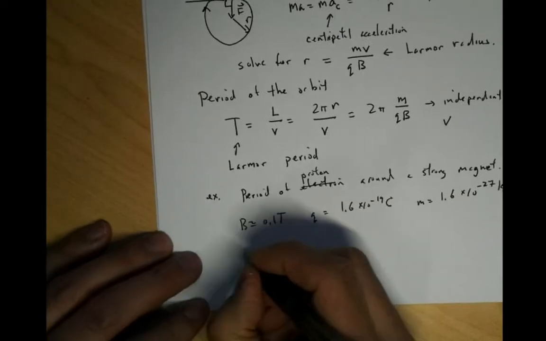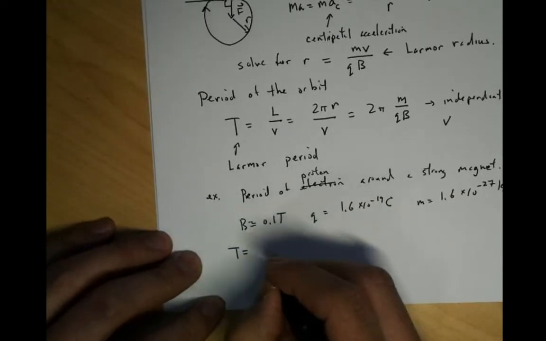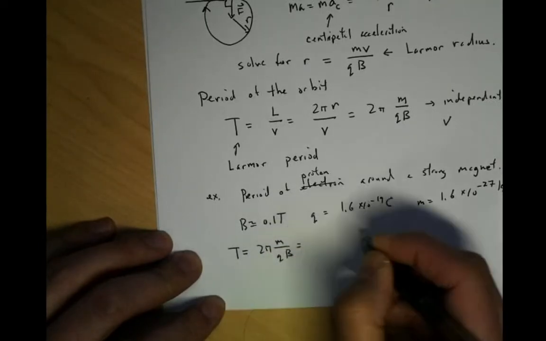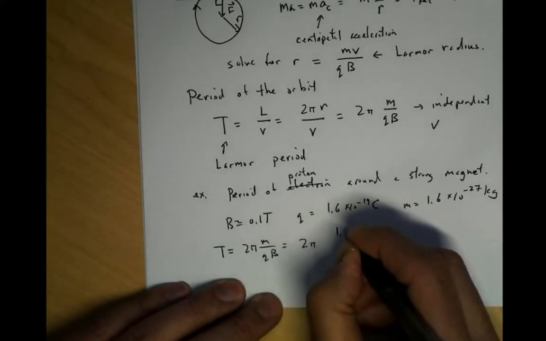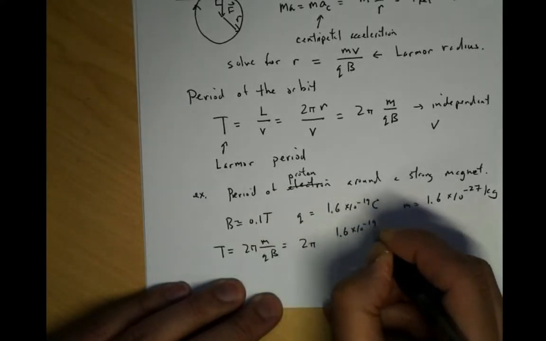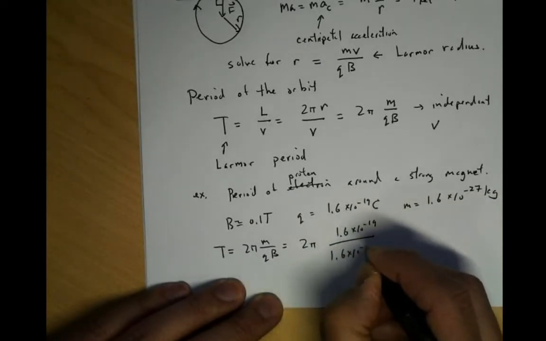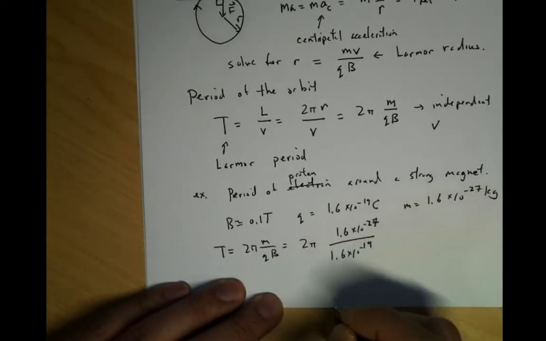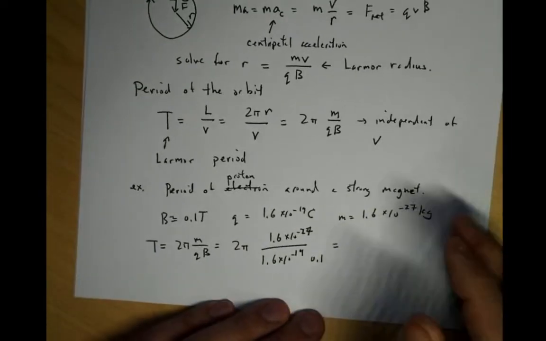Okay, so now the period is equal to, let's work this out, 2 pi m over qB. Let's just plug everything in. That's basically 2 pi times 1.6 times 10 to the minus 27, the mass, up here, divided by 1.6 times 10 to the minus 19, the charge, down here, times 0.1, okay?